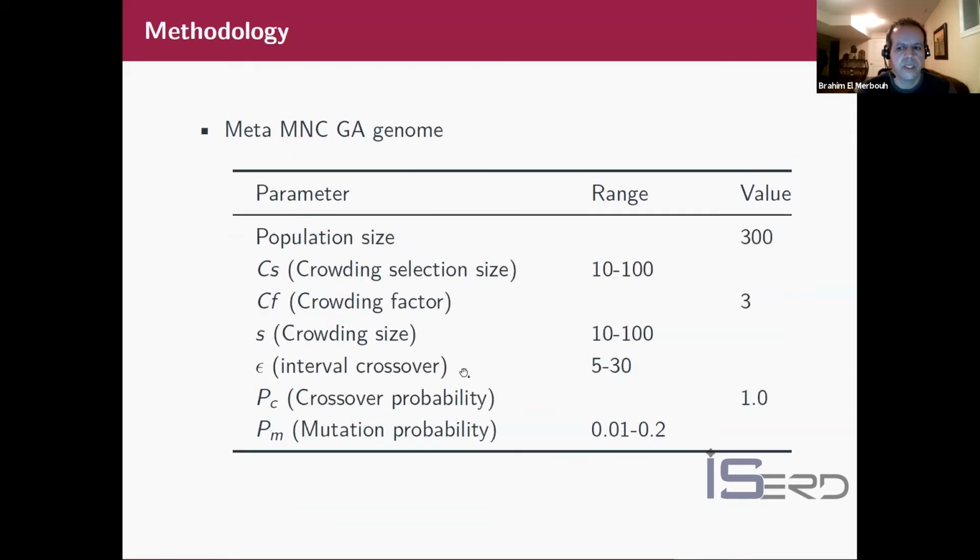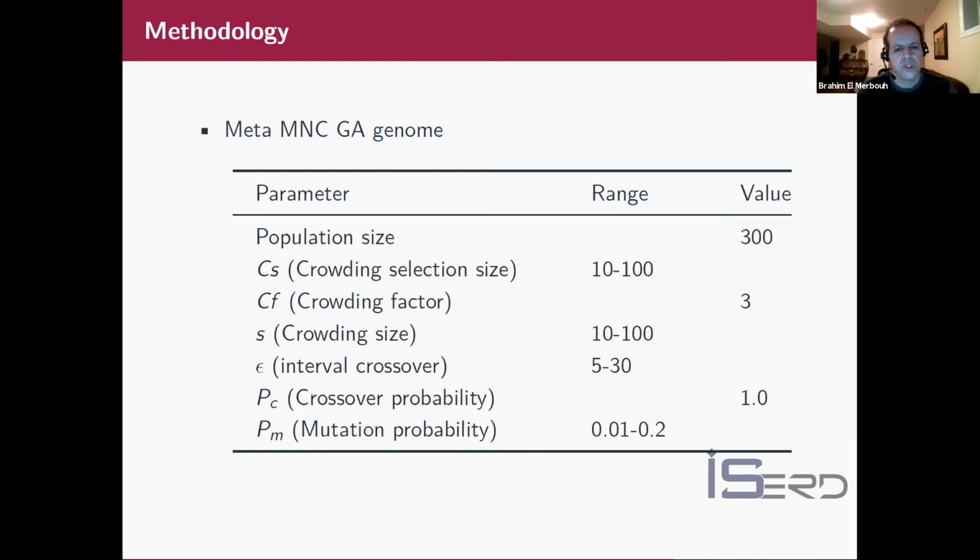In this table, we can see all the parameters involved in this algorithm. For the ones that have a fixed value, we didn't optimize them for several reasons. If you want to find out more about those reasons, you can refer to the paper we published about this. So we optimize only 4 of them, which we believe are the most important ones in this algorithm.